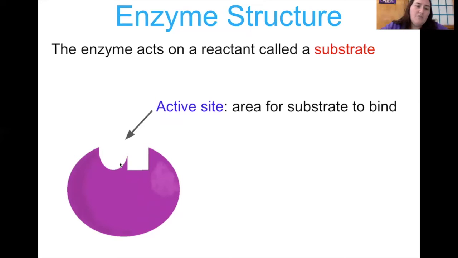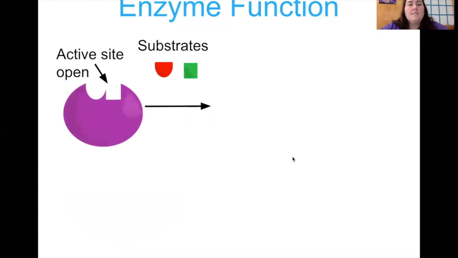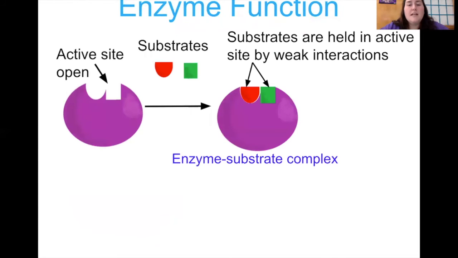So this round one right here is what is referred to as an active site, an area for something to bind to. In order for enzymes to function, they need to bind to substrates to catalyze those reactions. Without the substrate, the enzyme does not function.